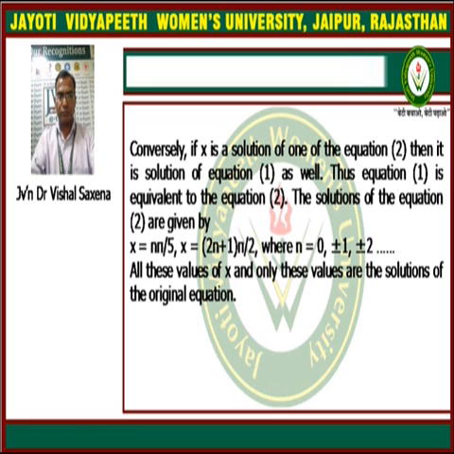The solution of equation 2 is given by x equal to n pi upon 5 and x equal to (2n plus 1) into pi by 2, where n is equal to 0, plus or minus 1, or plus or minus 2 and so on. All these values of x and only these values are the solutions of the original equation.